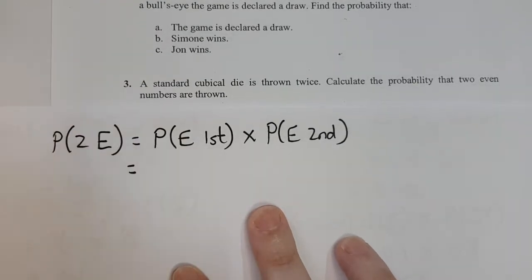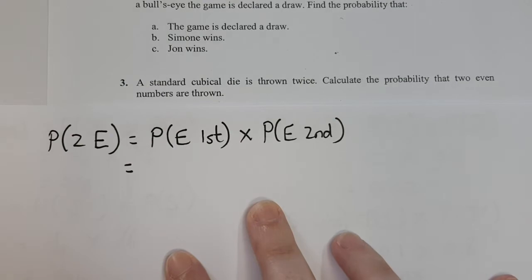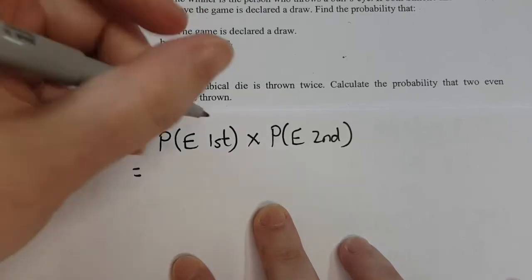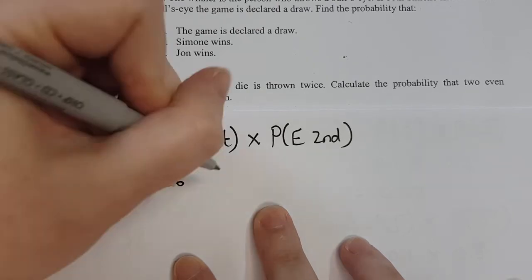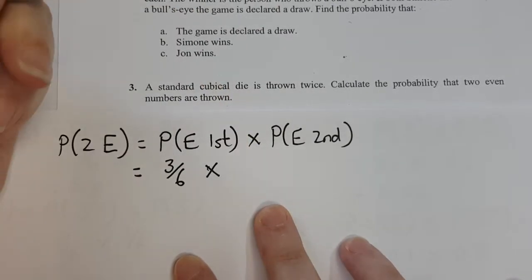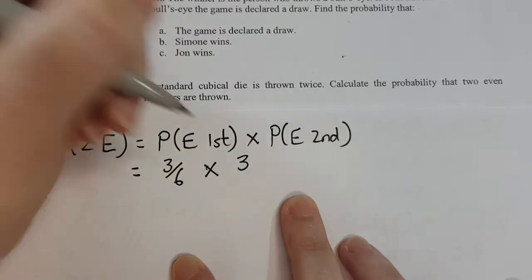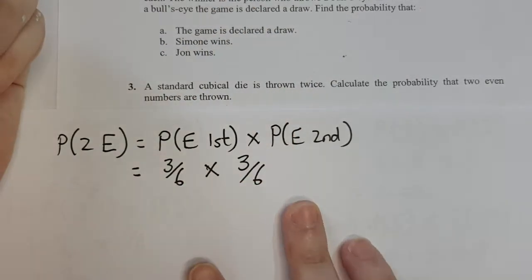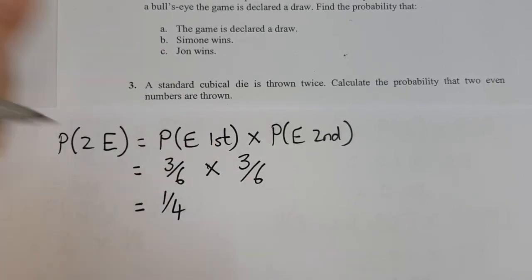The probability of getting an even number on a cubical die, because there's 3 sides that are even, would be 3 over 6 sides in total, times, throwing the die again, there's still 3 sides over 6 in total, so that gives us an overall answer of 1 over 4, and that's it.